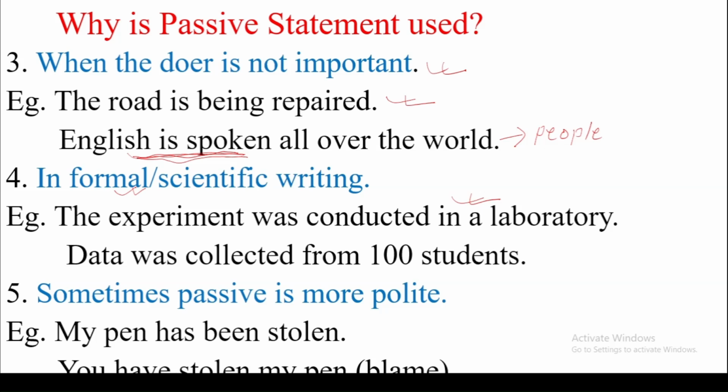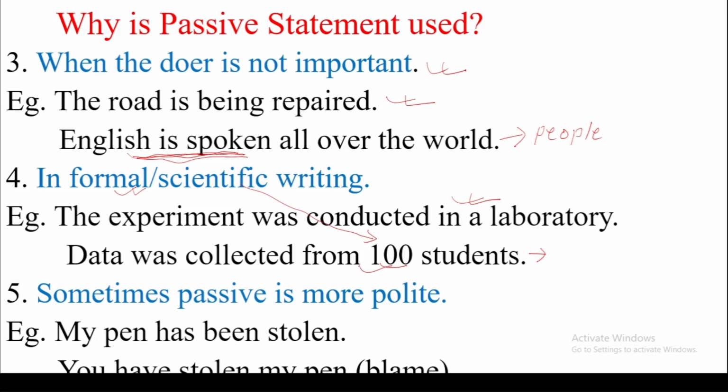Data was collected from 100 students. This is a sentence that can be used in scientific writing. So in scientific writing or in formal language, in formal writing, we mostly use the passive. This is the one matter.